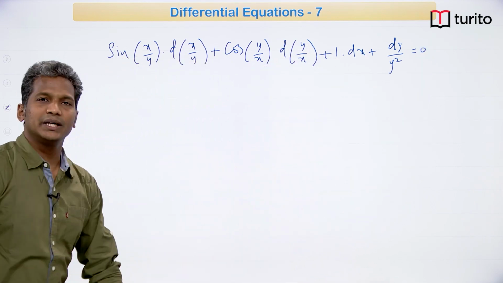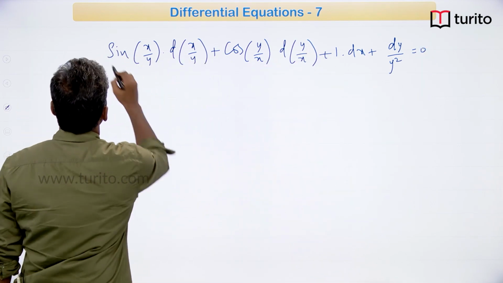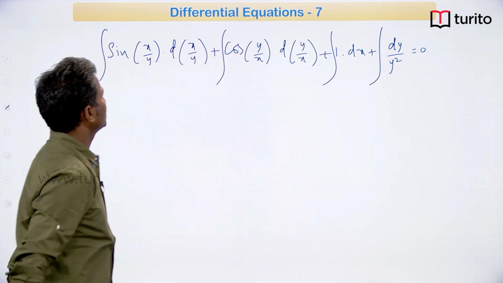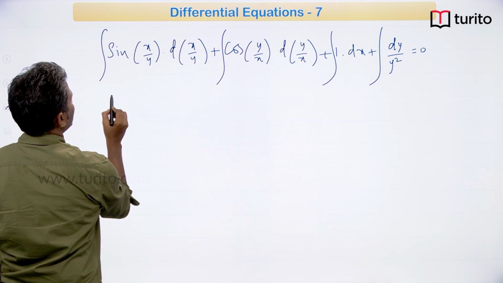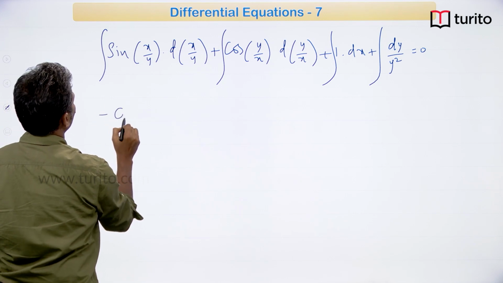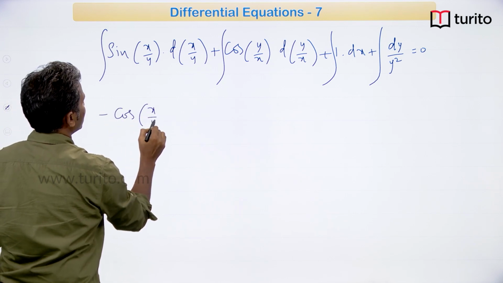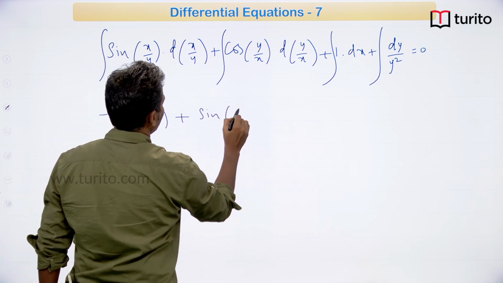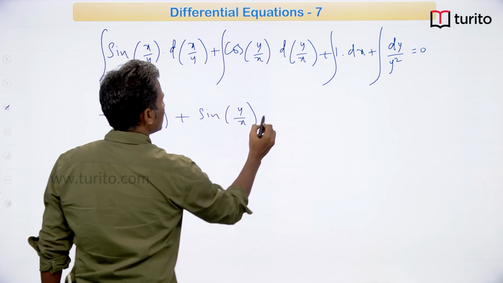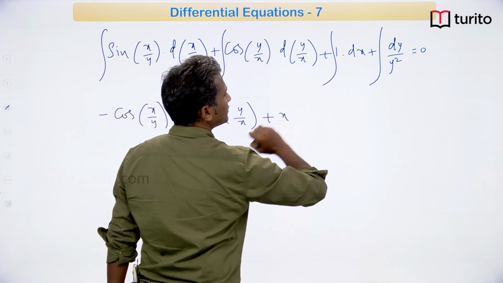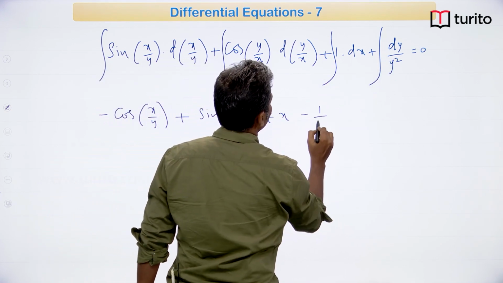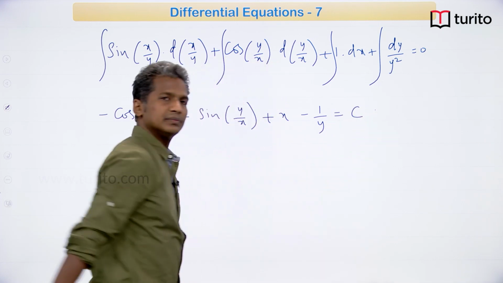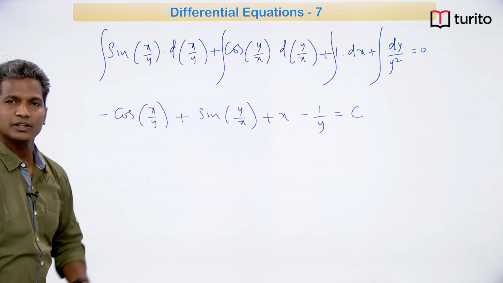Now I think this can be integrated very easily: integral, integral, integral and integral. Here we will get minus cos of x by y, plus sin of y by x, plus x, and minus 1 by y is equal to constant c. This way we can solve this problem.